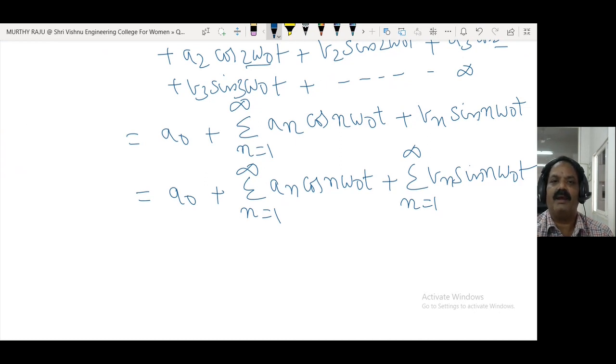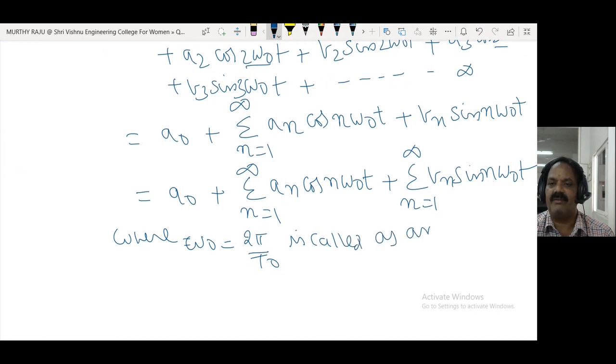Here omega naught is 2 pi by T naught, called the angular frequency. The unit is radians per second.